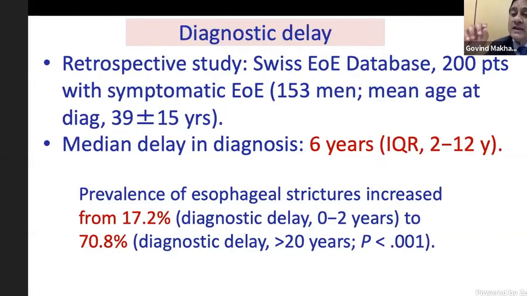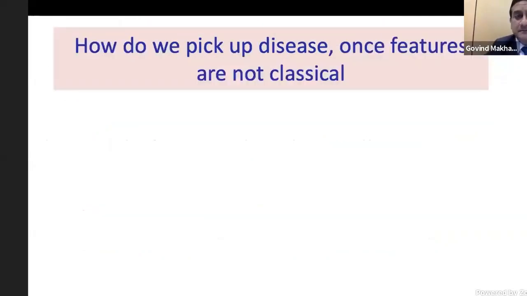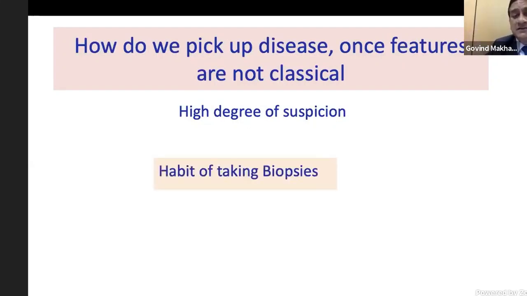The point I'm going to make again here is: suspect this disease, make an early diagnosis, treat effectively. Question: how do I pick up the disease when the features are not classical? There is a need for a high degree of suspicion, and that is the most important thing in making an early diagnosis.